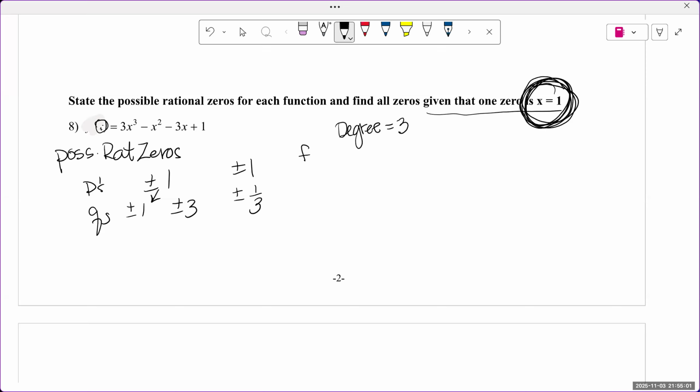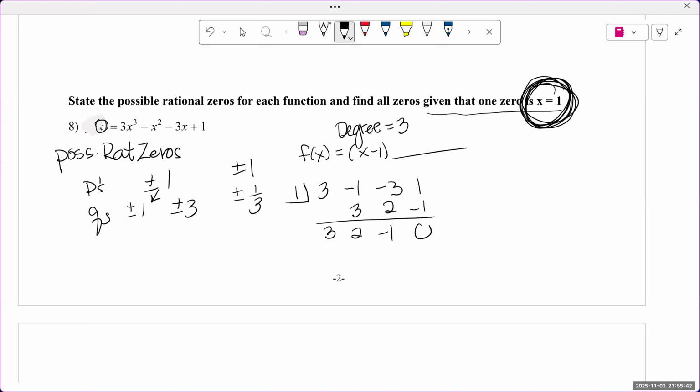Okay, so my polynomial is x minus 1 and then something. So let's take the 1 and let's divide. So I'm going to do synthetic division, take the coefficients. Step 1, bring it down. Once it's below the line, multiply, add down, multiply, add down, multiply, add down.